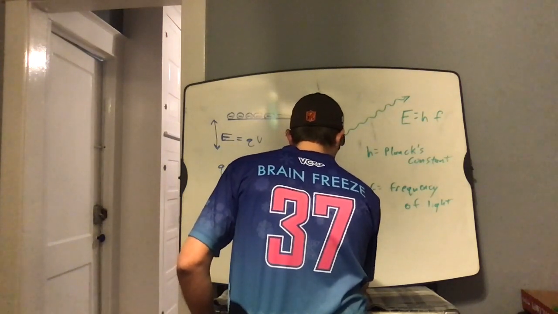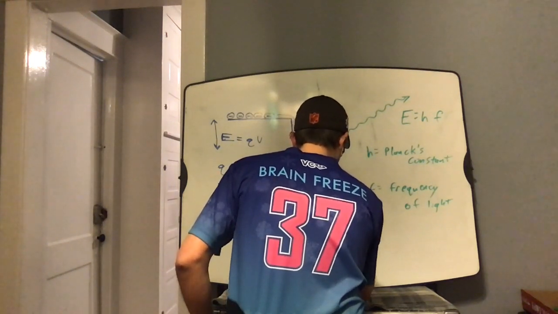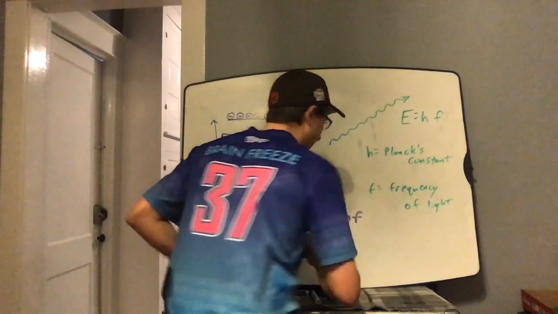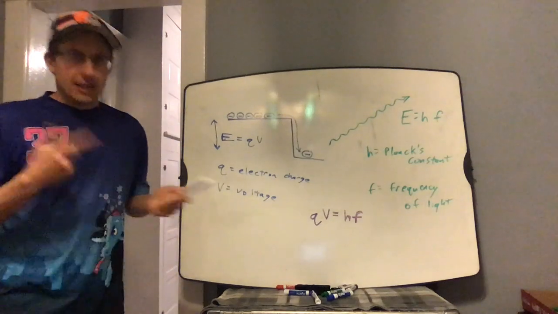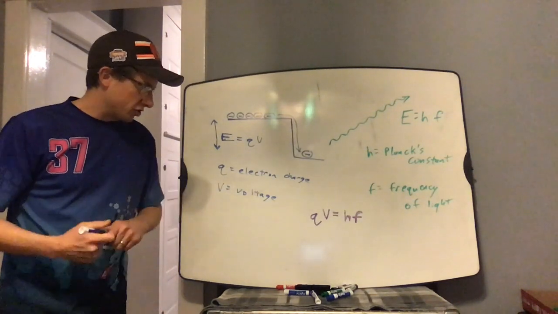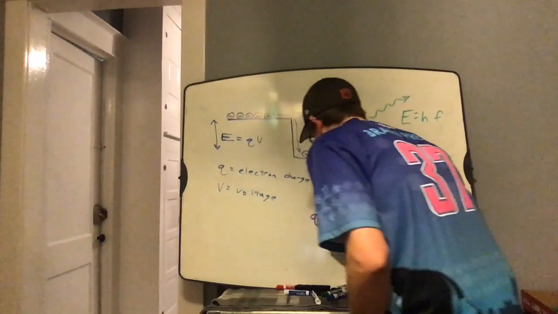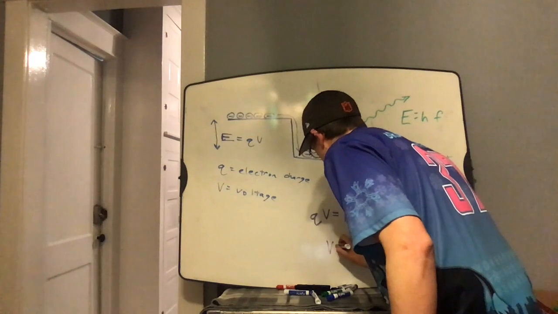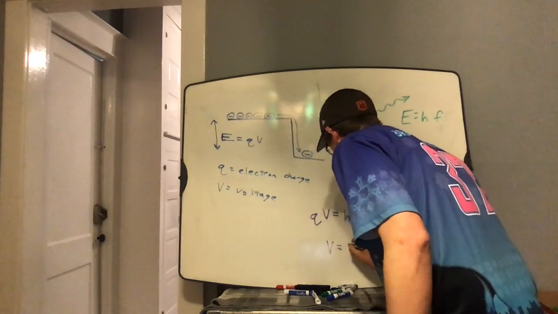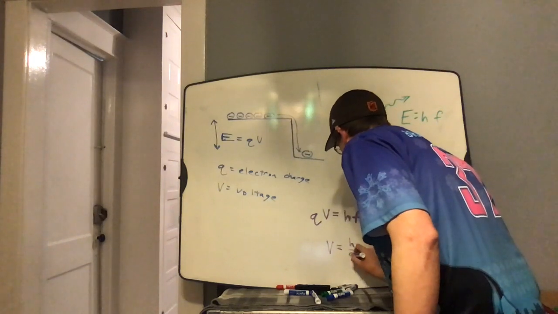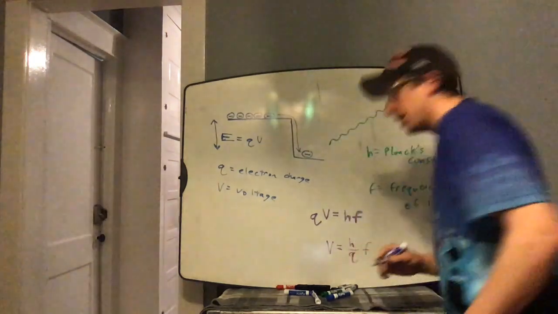Now, from here, I could rearrange this equation and say, okay, the voltage between the high energy and the low energy state is equal to h over Q times f.